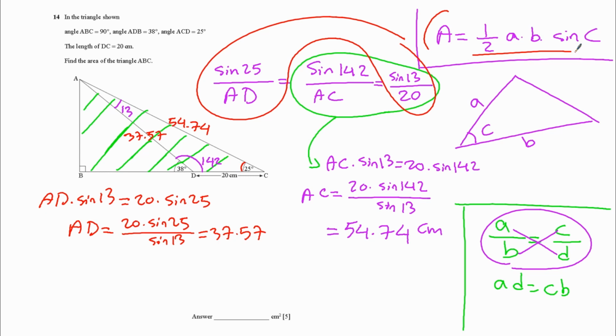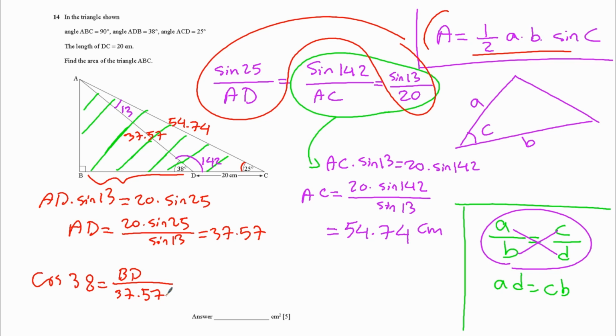Now, coming back to this triangle here, ADB, which is a right angle, we have the hypotenuse, which is 37.57, and we have this angle 38, and this BD is adjacent. So we can write that cos of 38 equals BD divided by 37.57.